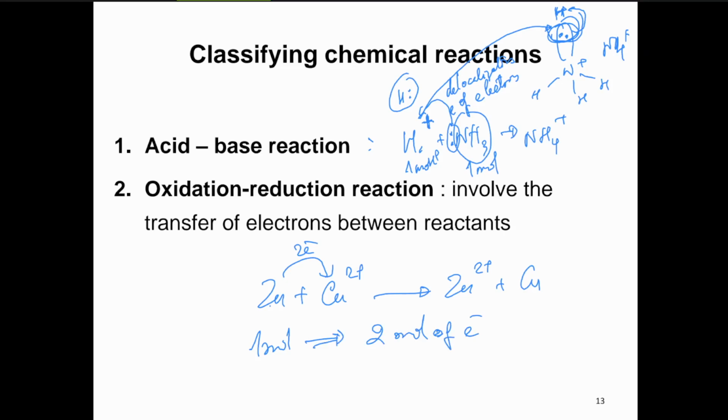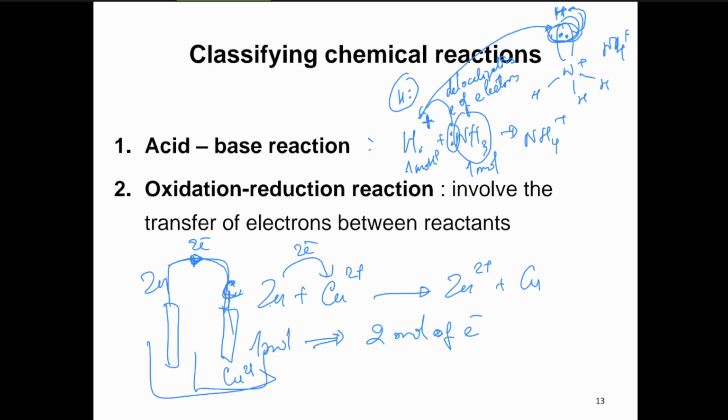If you take 1 electrode of zinc and another electrode like copper or carbon, and you immerse in the solution of copper 2+, then it will make the wire. You can do the measurement to know 2 mole of electron transfer through the surface to make the reaction of copper 2+ become copper.